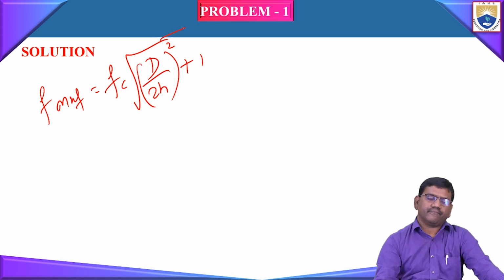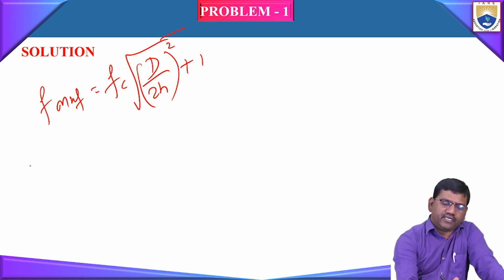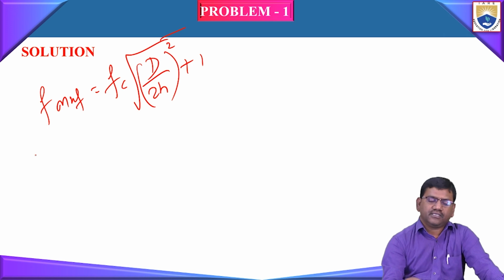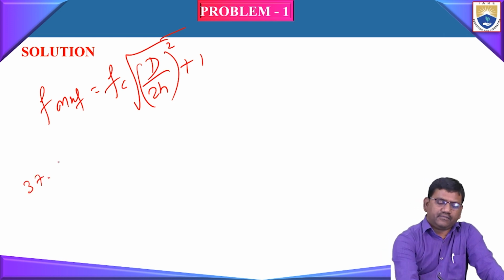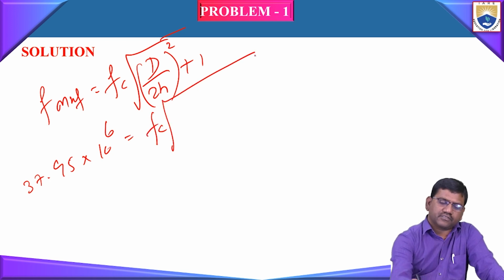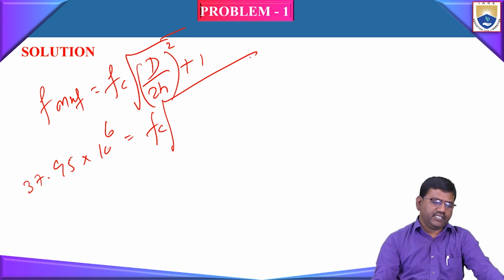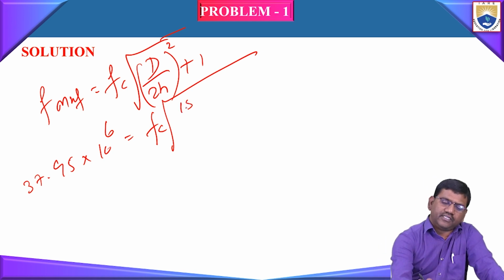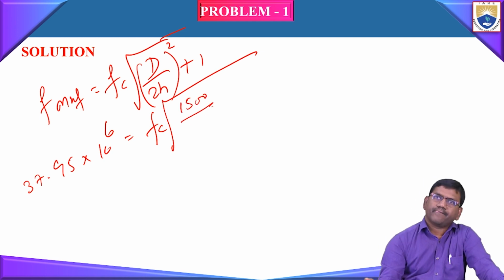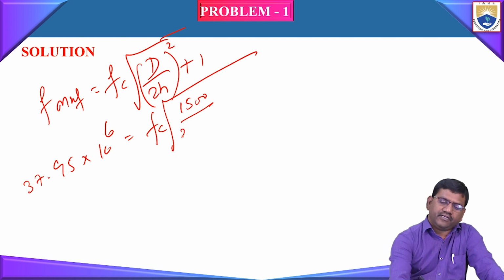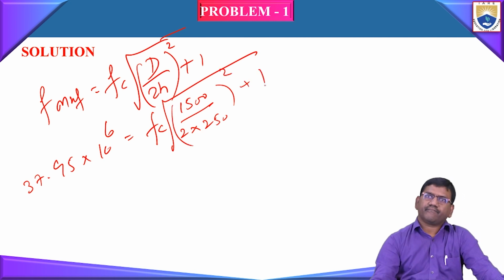The f MUF given here is 37.95 megahertz, so 37.95 into 10 power 6 is equal to Fc into square root of, with d given as 1500 kilometers, divided by 2 into h, which is 2 into 250, whole square plus 1.